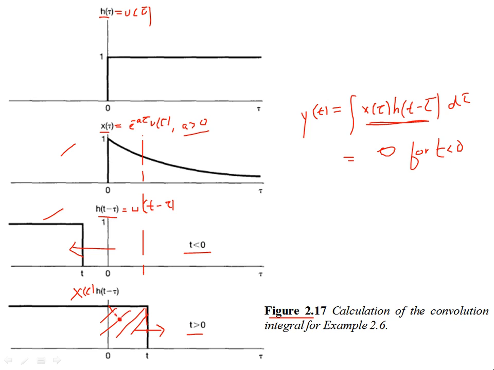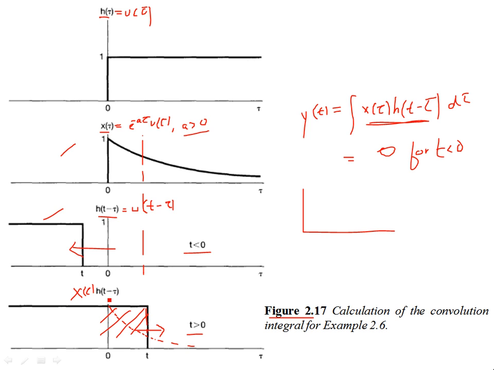It will be a piece of the signal which multiplies like this, and then you forget about the rest of the signal. But as t is growing, you can visualize y(t) without writing it analytically.